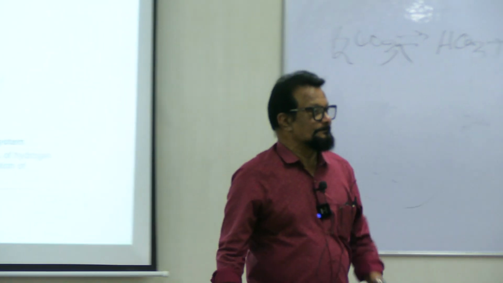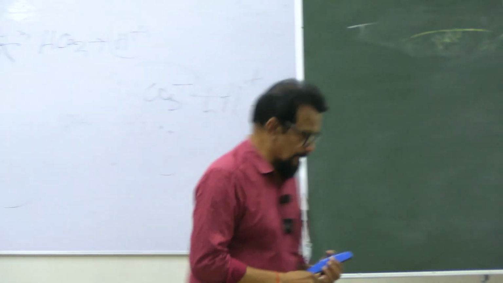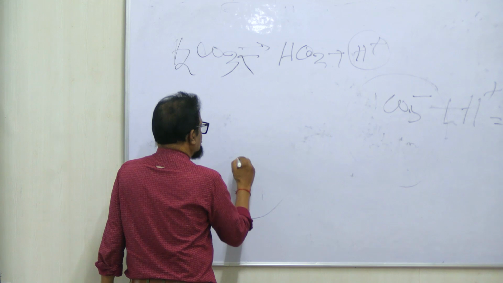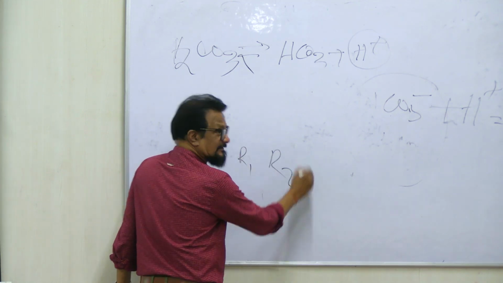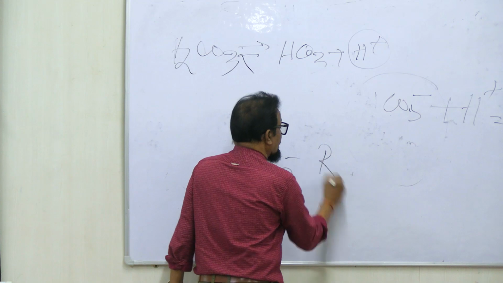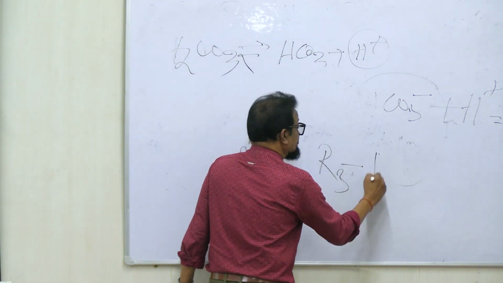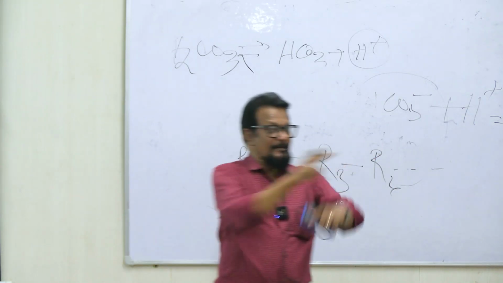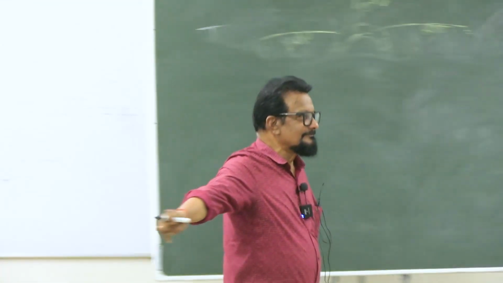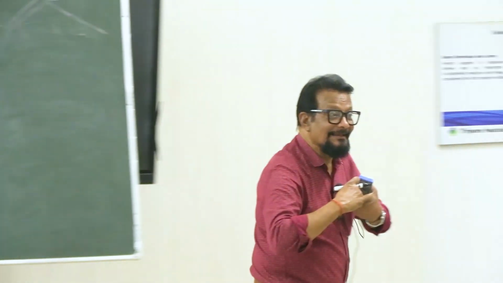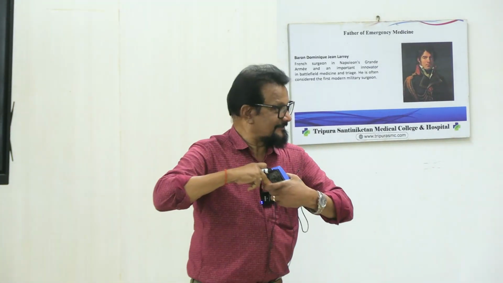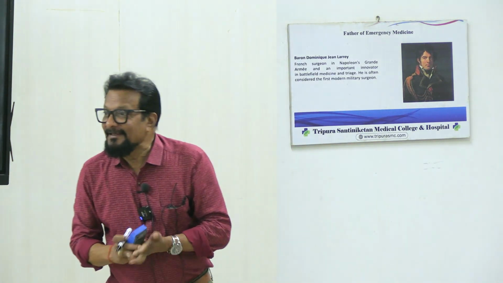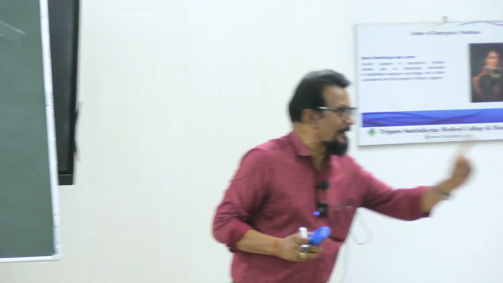Proteins are made up of amino acids. So R1, R2, R3, R4 are amino acids in a peptide chain, interlinked by peptide bonds. And every amino acid has at least one amino group and one carboxylic group.